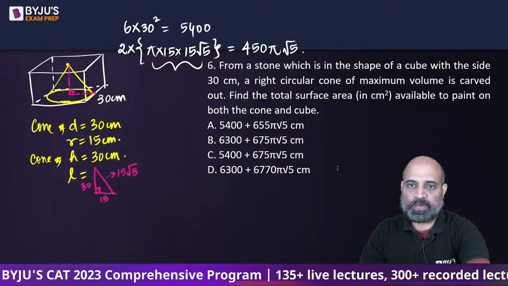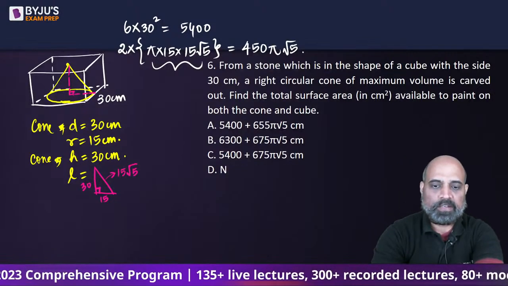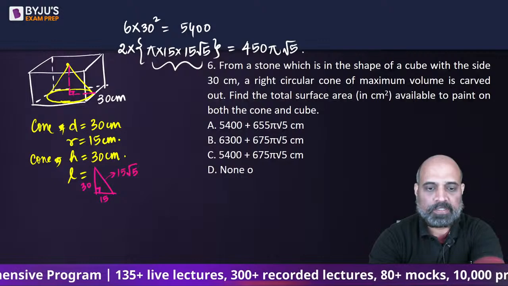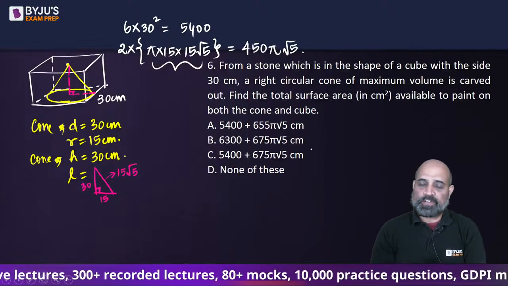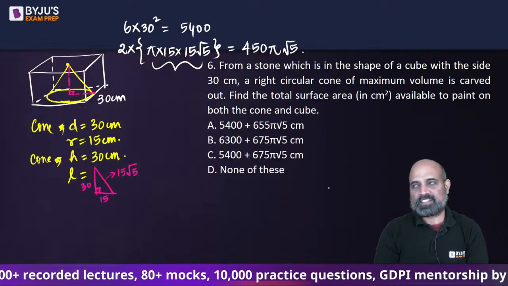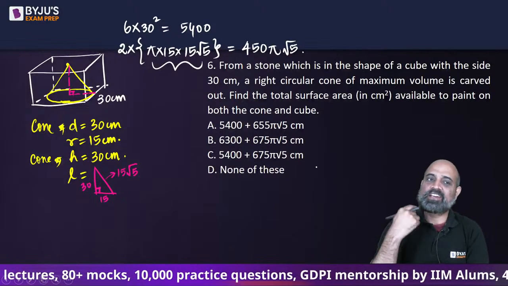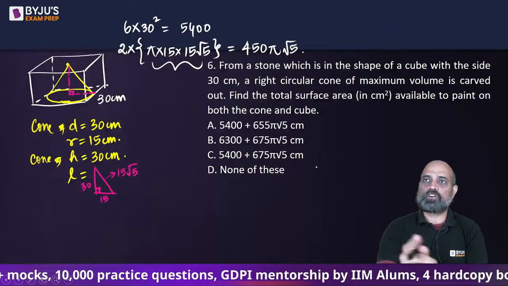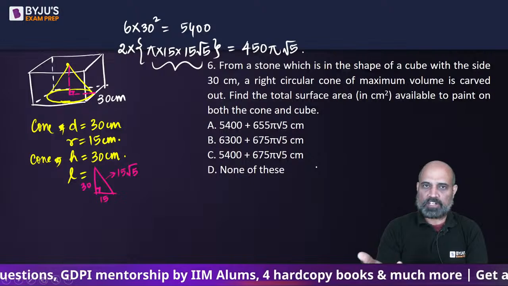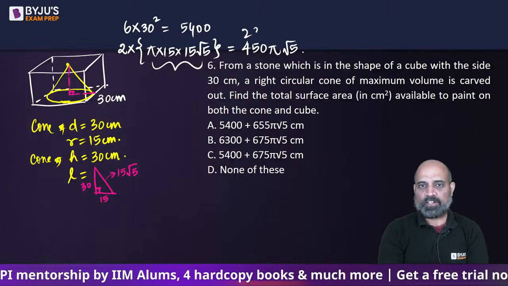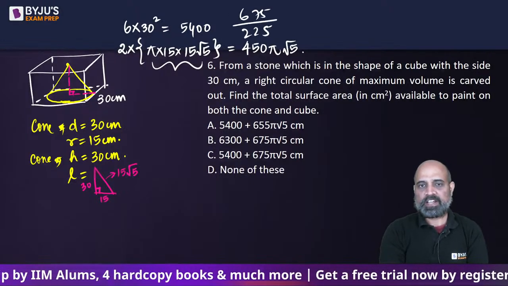And the fourth should be none of these. Because 675 makes sense. Reason being if I include the surface area of the circle or the area of the circle, that's going to give me pi r square, which is another 225. So if I add 225 to it, it will result in 675.